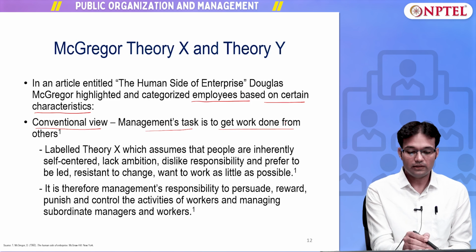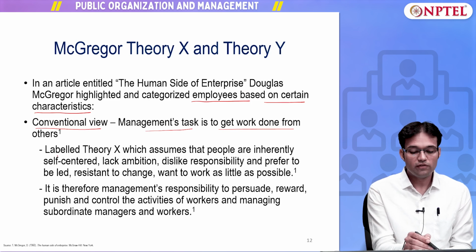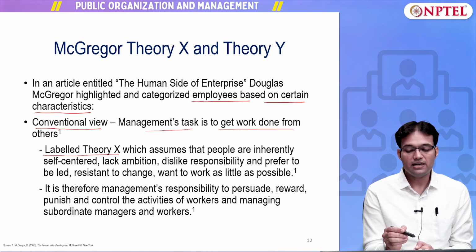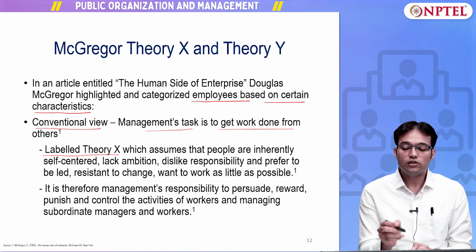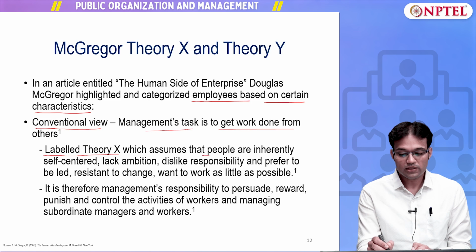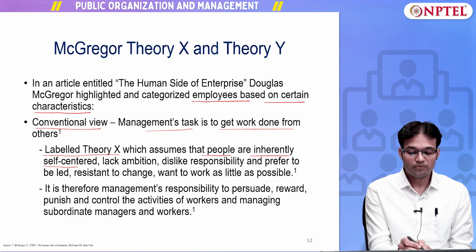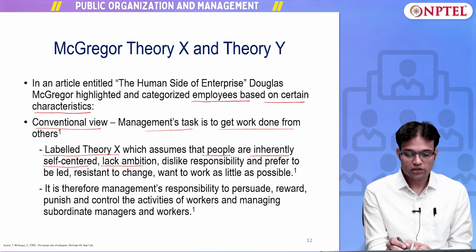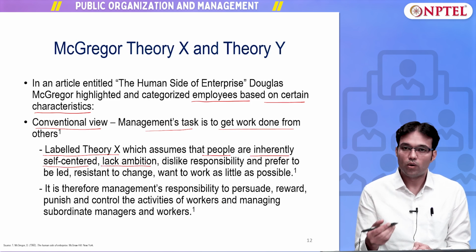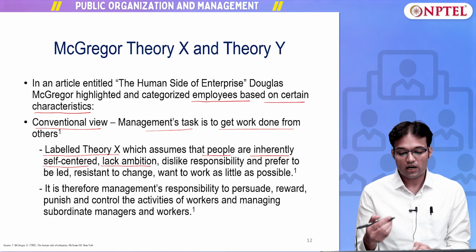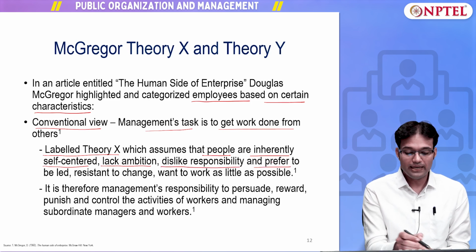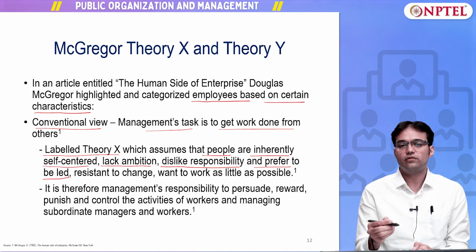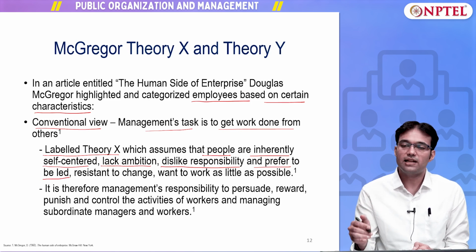They labeled this aspect of the conventional view as theory X. According to theory X, individuals in the organization are inherently self-centered, they lack ambition, their motivation levels are low, they dislike responsibility and prefer to be led. They need continuous direction from other people so that they can channelize their efforts toward the work.